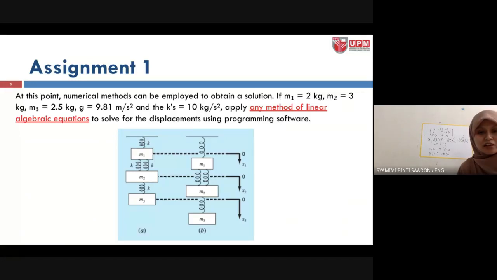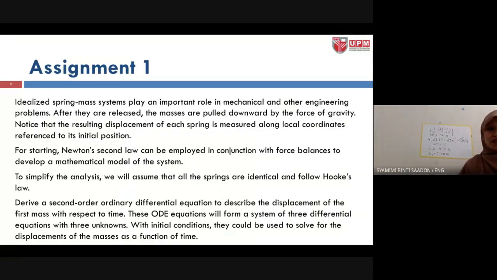So with a constant K, right? When we apply force at each of the masses, how do we write the force balance in terms of a mathematical model, which is Newton's law? We write the balance force equation, Hooke's law.